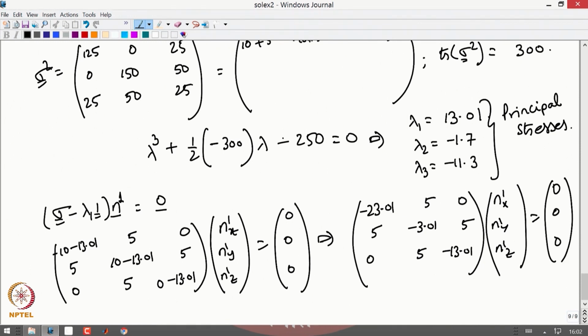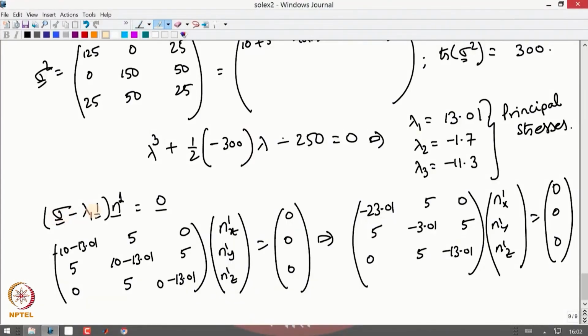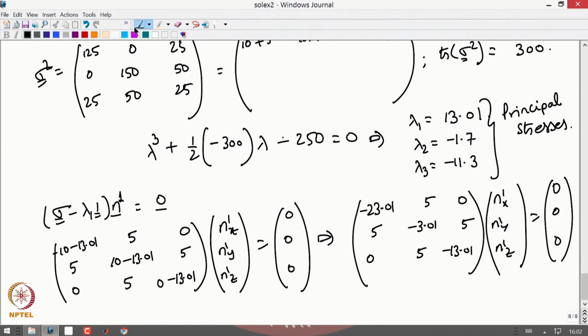I can't invert this matrix because, as we saw, the determinant of this matrix is 0, that is how we found lambda 1. So, I have to resort to writing n y 1 and n z 1 in terms of n x 1 and then use the fact that n x 1 squared plus n 1 y squared plus n 1 z squared is equal to 1 to solve for the unknown variables. Okay. Now, let us proceed and do that.